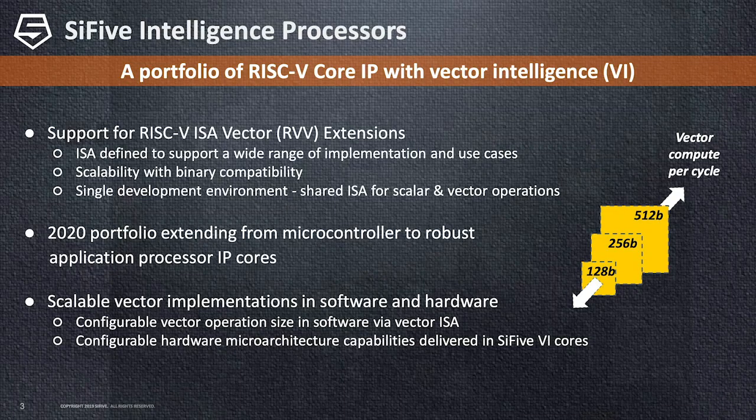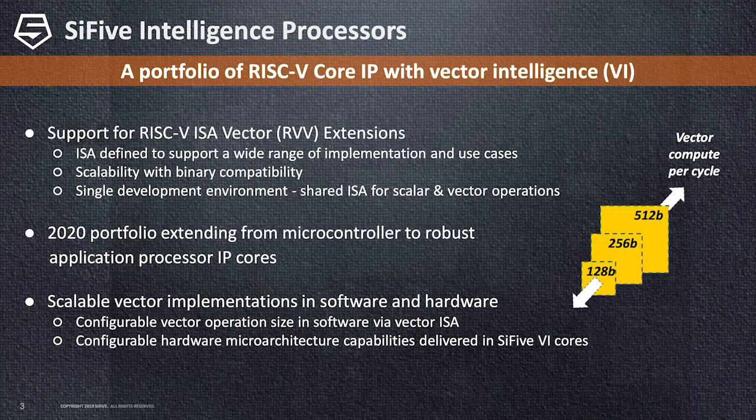And part of that is actually building commercial solutions based on the underlying technology, and that really leads to our SiFive Intelligence processor line. So what is a SiFive Intelligence processor? Well, in the plural, it's a portfolio of RISC-V core IP with vector intelligence. And that starts with support for the RISC-V vector extensions. This is being defined in a way to be highly scalable, both in software and hardware.